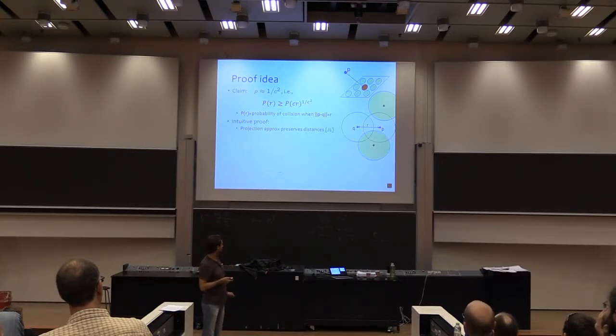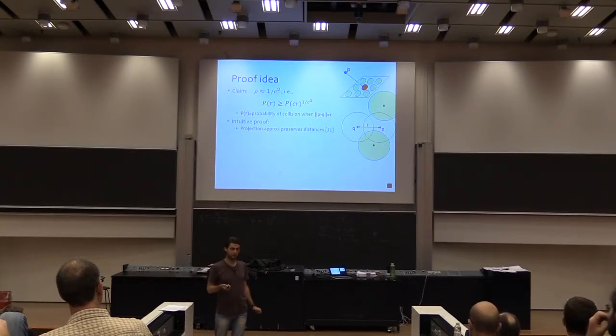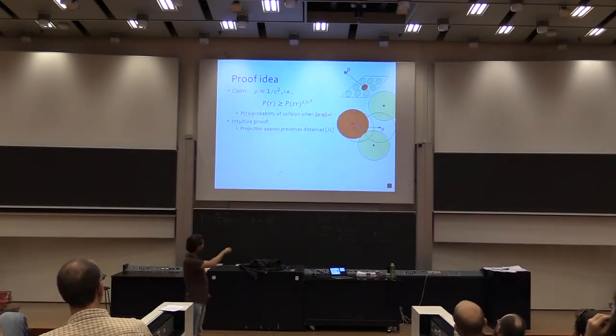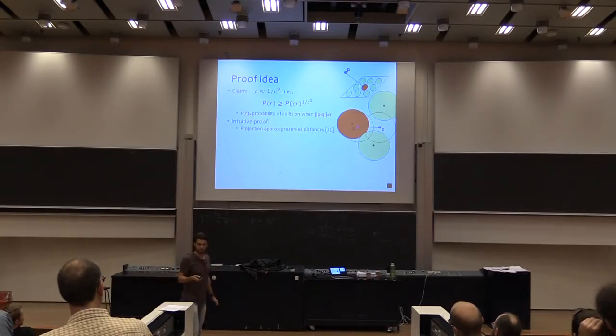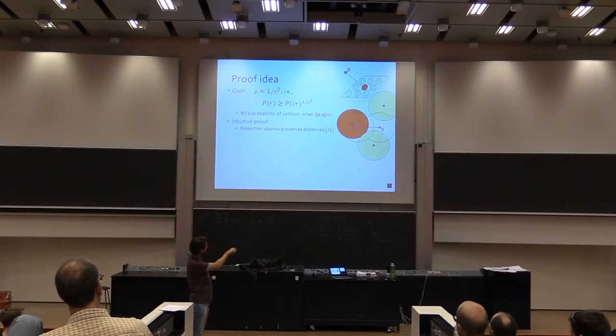As long as the center is outside these two balls, the event of whether P and Q collide under this hash function has not been determined yet. However, as soon as a center falls inside the union of the two balls, it determines whether P and Q collided. In particular, if the ball captures Q but not P, meaning the center falls in the ball around Q but not the ball around P, then P and Q will not collide.